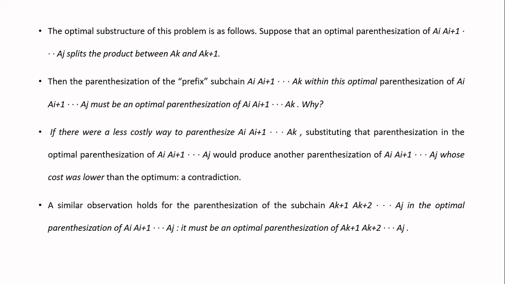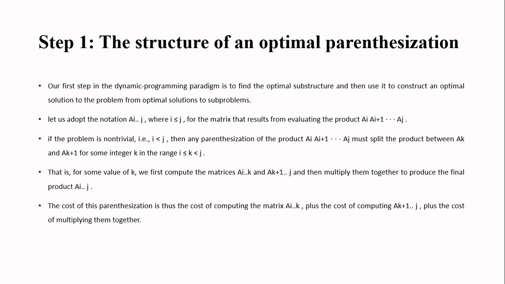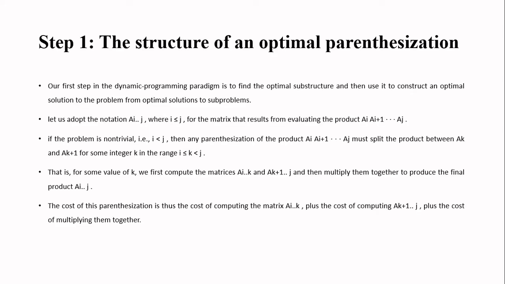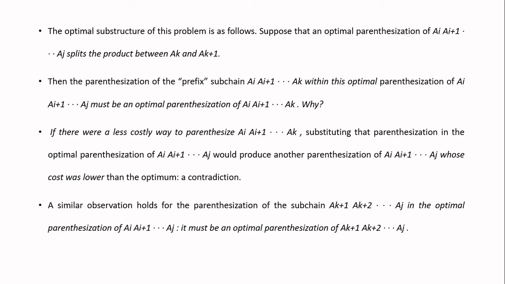Till now we have defined some notations. So the first step is the structure of an optimal parenthesization. We need to define the optimal substructure of this problem. Suppose that an optimal parenthesization of Ai+1 to Aj splits the product between Ak and Ak+1.